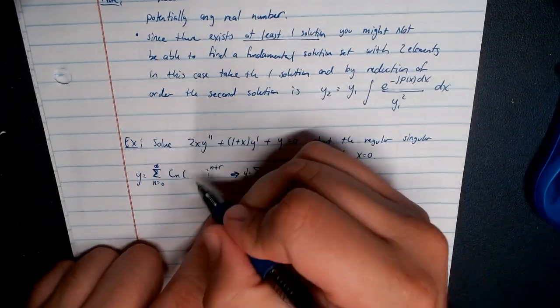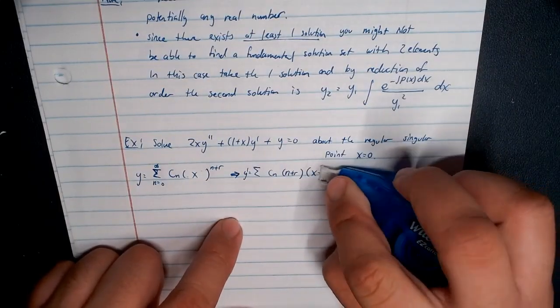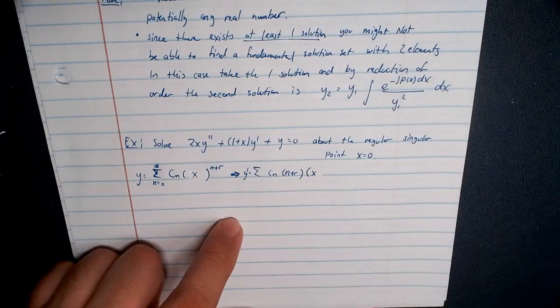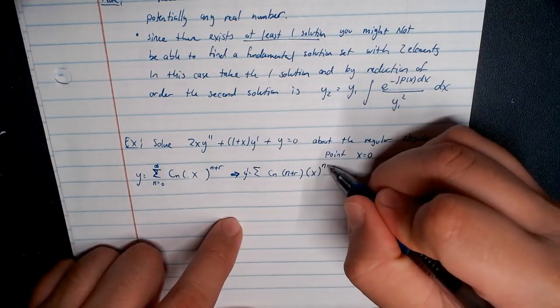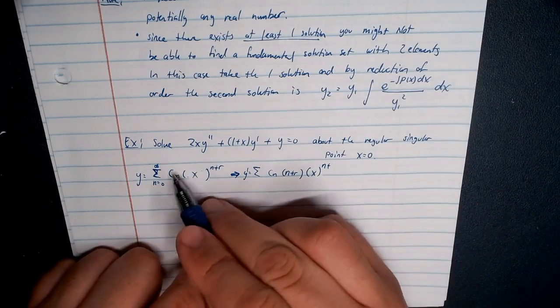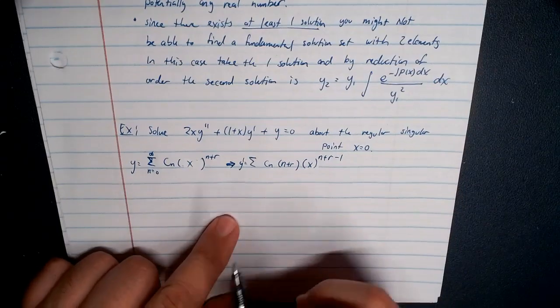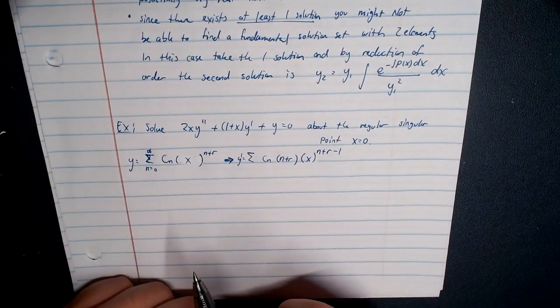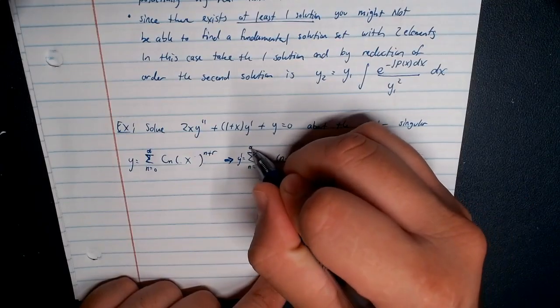Not that that makes too much of a difference, but it's a little less writing, and with what we're about to do, a little less writing is something that I would like to take advantage of. So here you would bring the n plus r down, and then subtract 1 from that, the same way you take any derivative of a monomial expression. And this is from 0 to infinity.